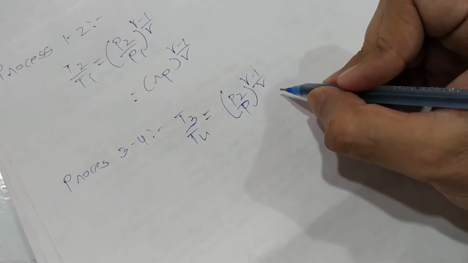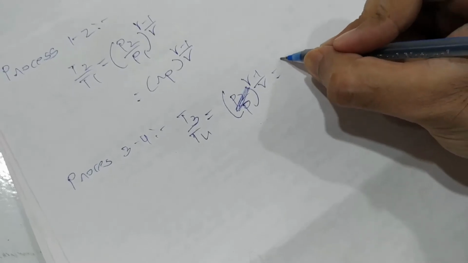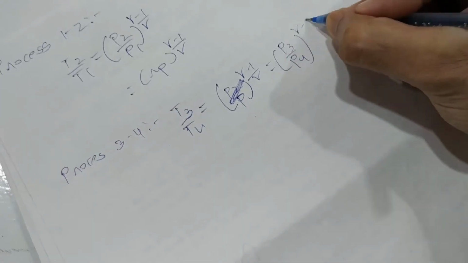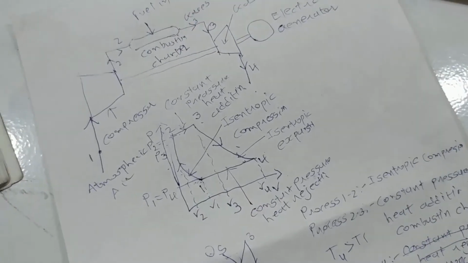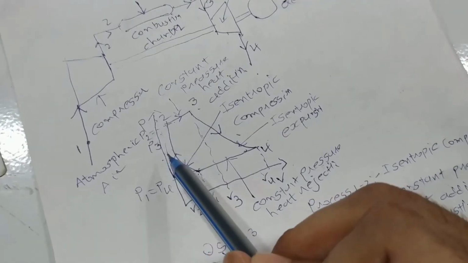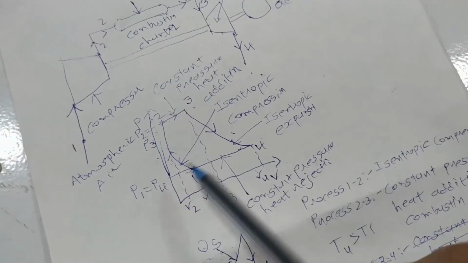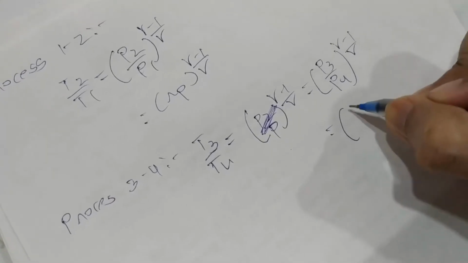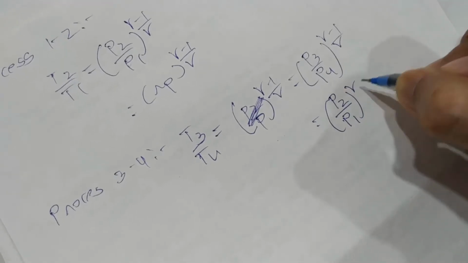Sorry, I made a mistake. T3 upon T4 is equal to P3 upon P4 raised to gamma minus 1 upon gamma. But if you look at the PV and TS diagrams, you will find that P2 is equal to P3 and P4 is equal to P1, so I can write P2 instead of P3 and P1 instead of P4.